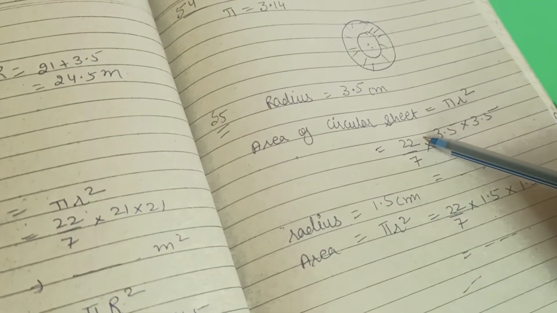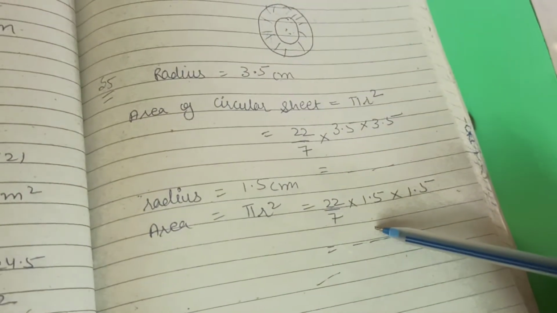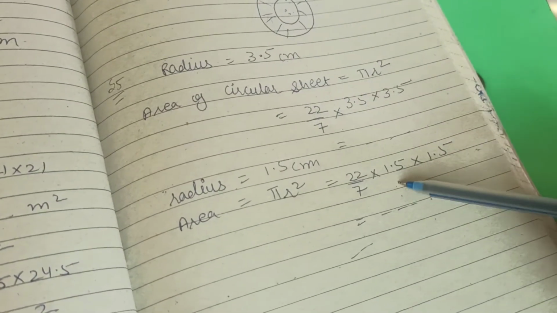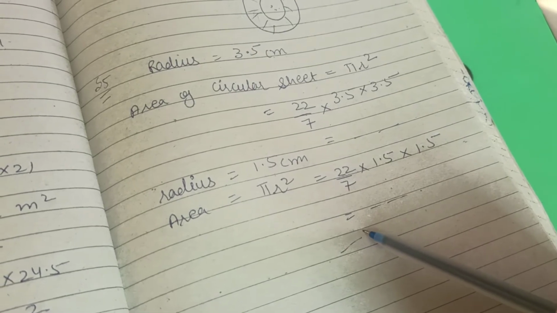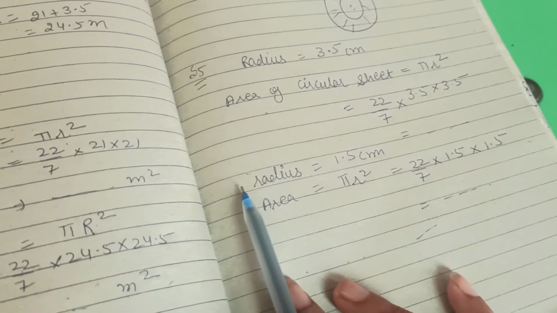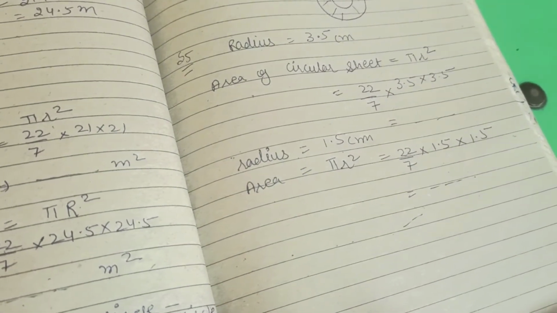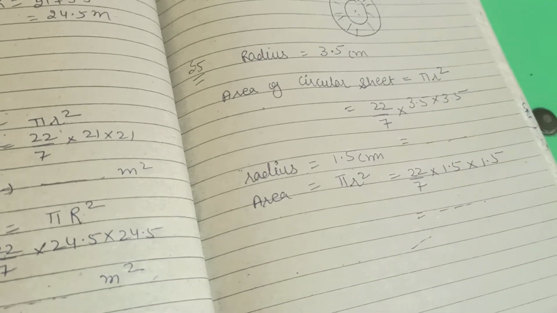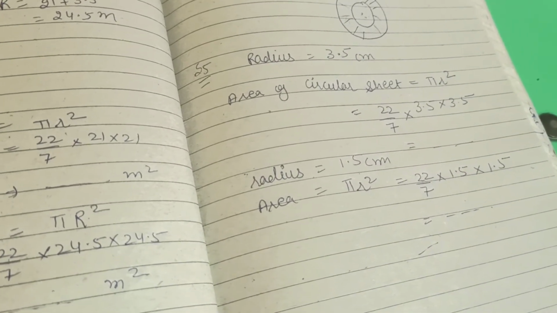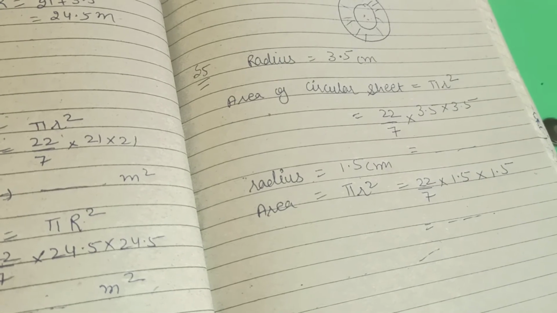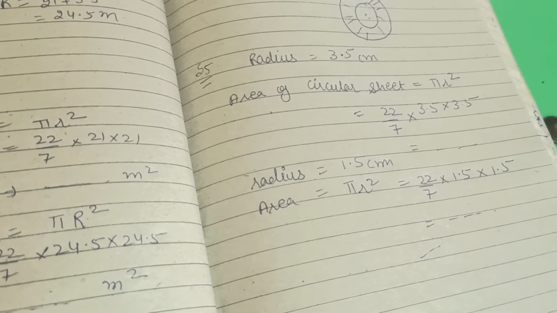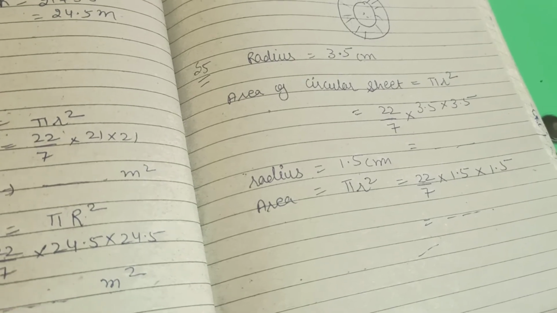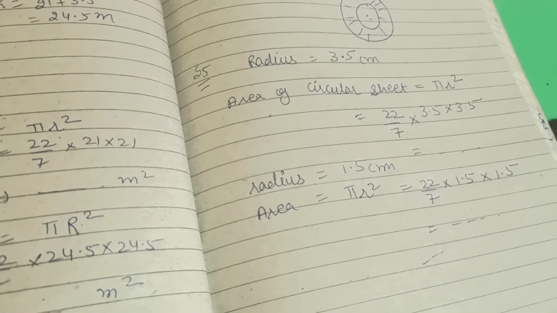This one is the total area of the sheet and this one is cut from that sheet. So remaining means total minus what is cut, and you will get the area of the remaining sheet. Clear, student?